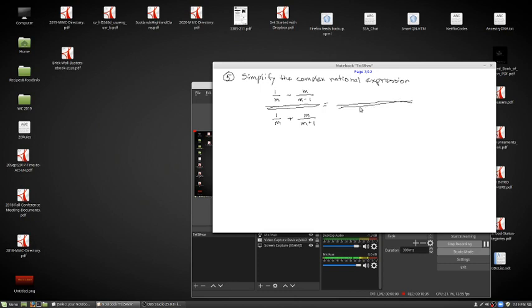I just use a double line here for emphasis. This first fraction, 1 over m, we're going to multiply it by m minus 1 over m minus 1.